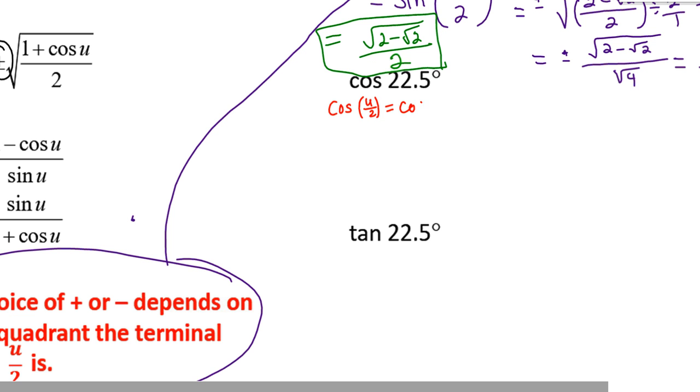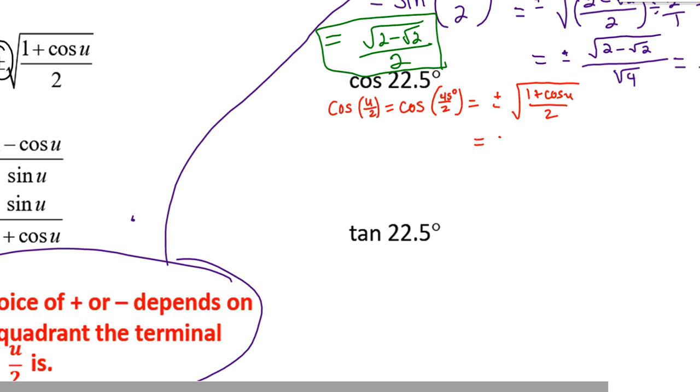We're again using 45, equals plus or minus again square root of, now the difference here is that it's 1 plus cosine of u over 2, but that's literally the only difference.